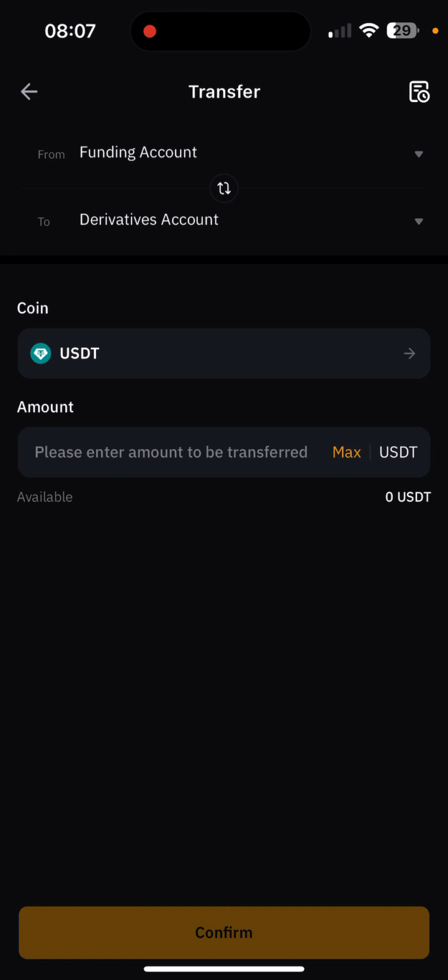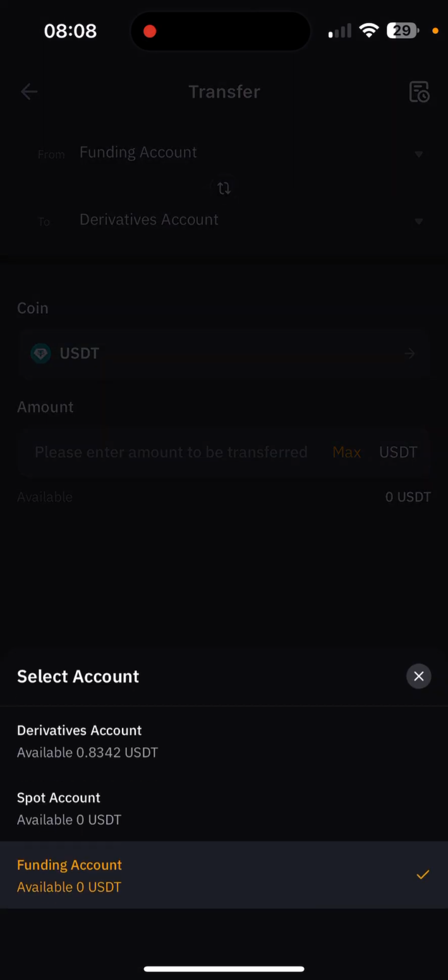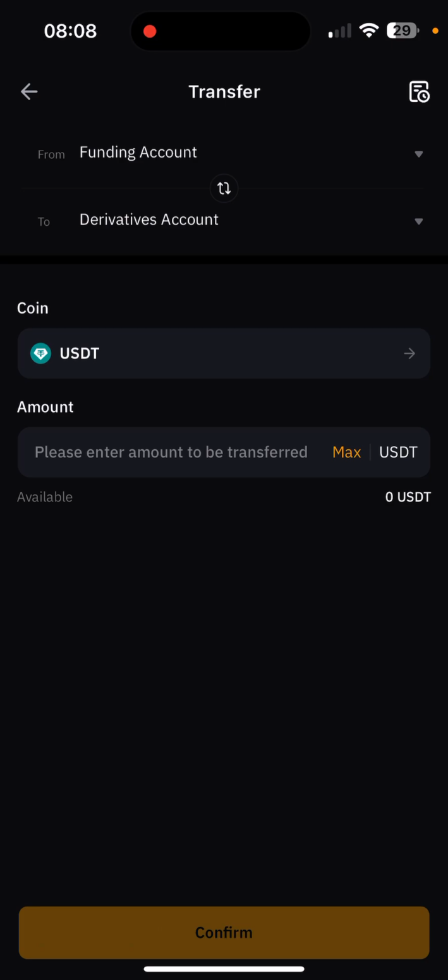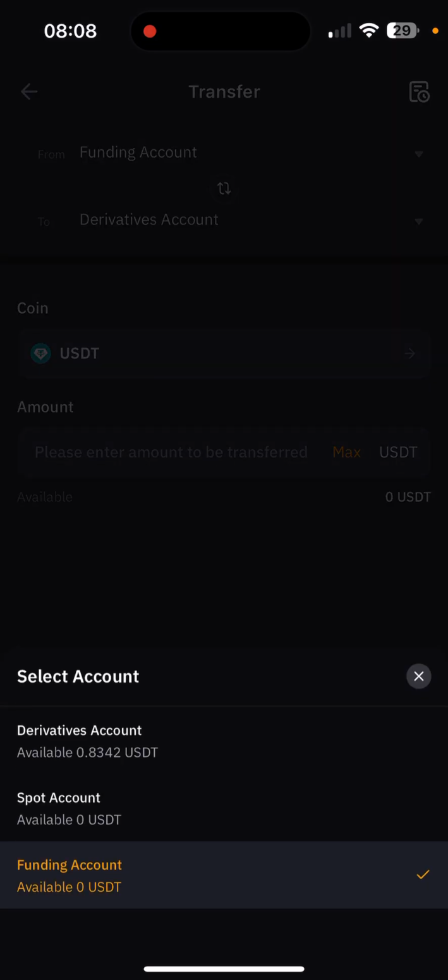This funding account, you can see there's an arrow at the right side. Let me click on the arrow, and you can see you can interchange the accounts, which account you wish to transfer from.